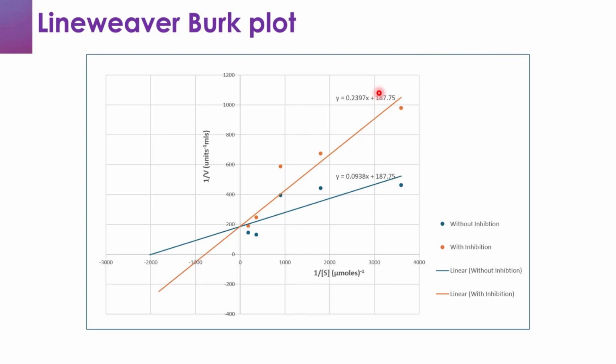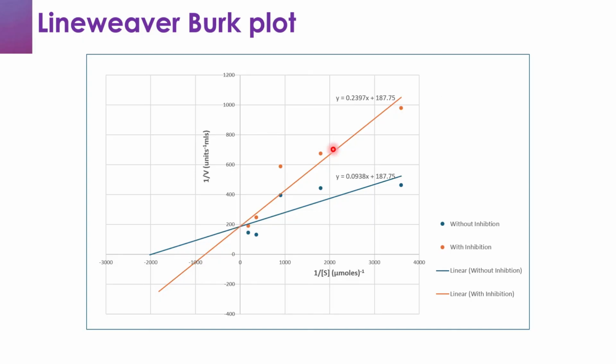this is the nature of graph that we are going to get over here, and this is the reaction without inhibition, or in the absence of an inhibitor. And this is also the graph showing the reaction in the presence of an inhibitor. And if you look at this, both the two reactions have the same intercept on the y-axis.